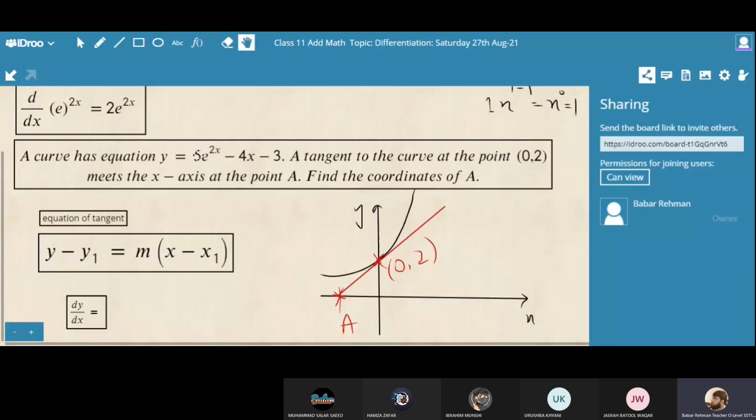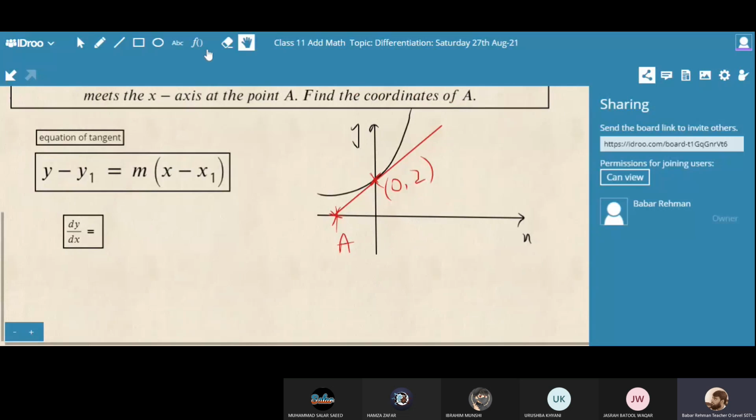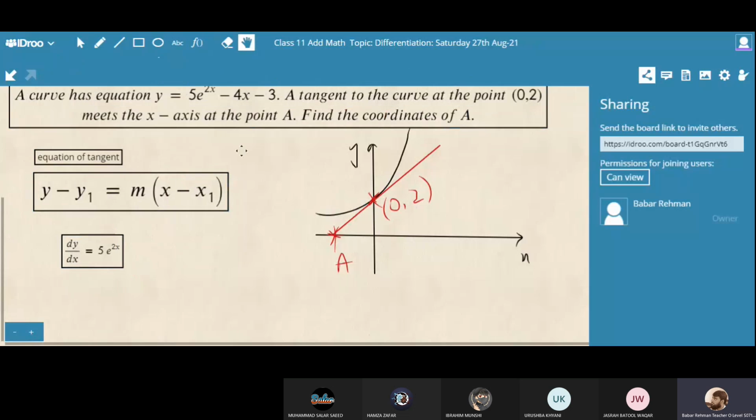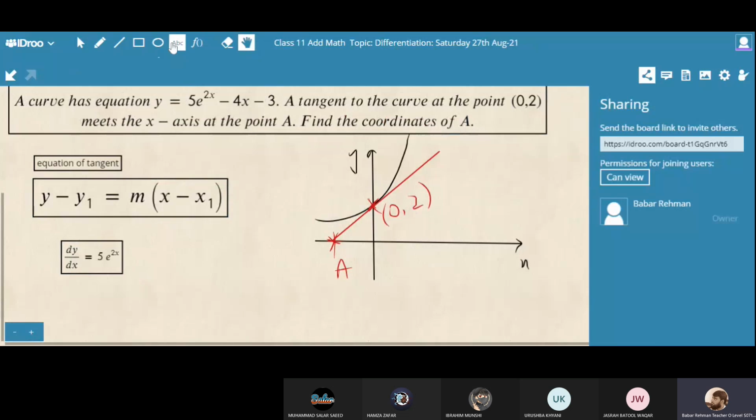But remember, this constant is multiplying. So I write my derivative as 5 e power 2x. Now I multiply by 2.